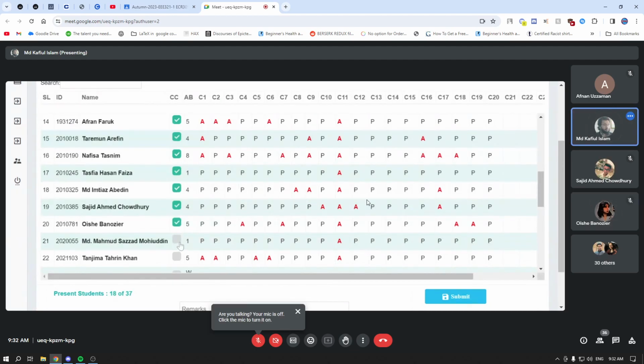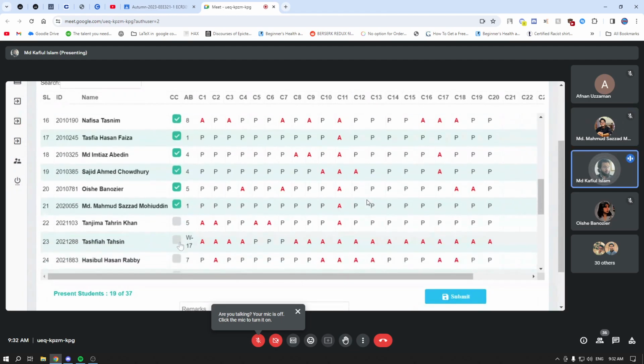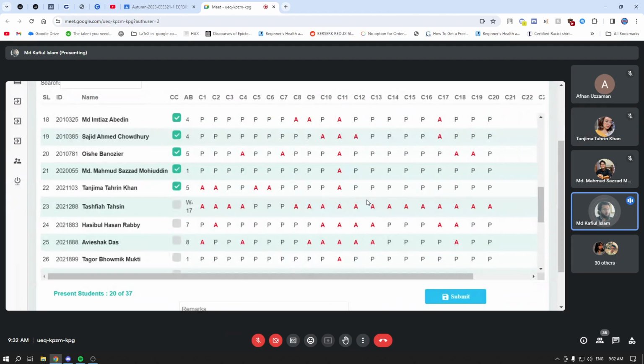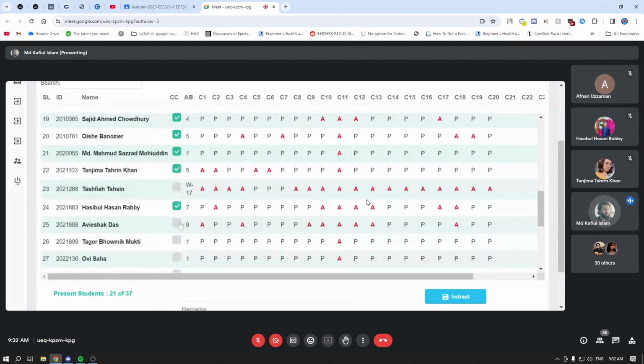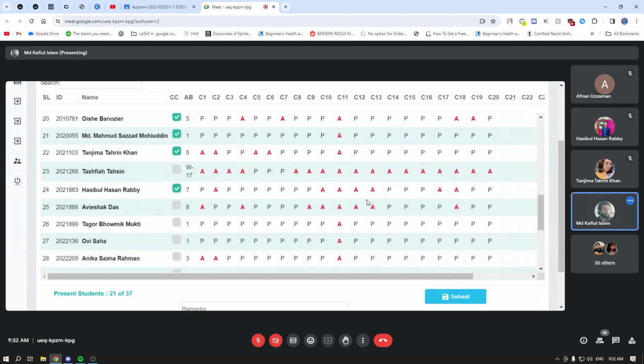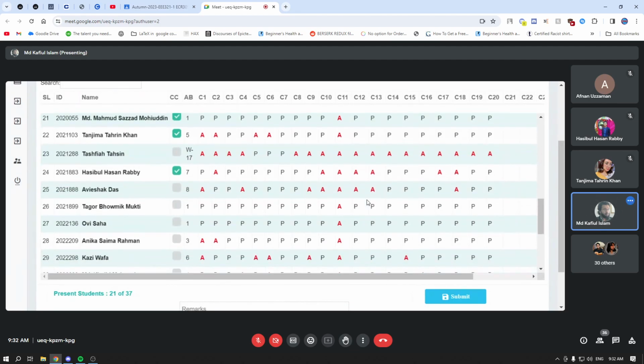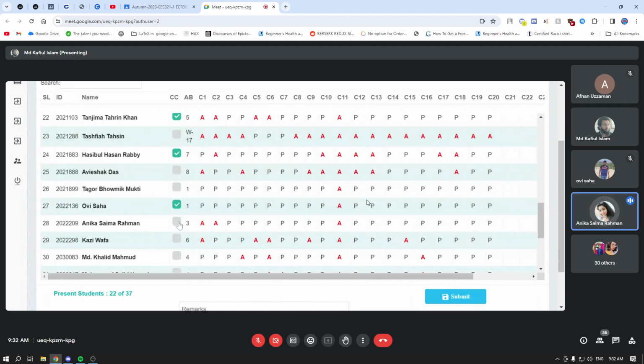Mahmud Sajjad, present, sir. Tanzima, present, sir. Hasibul Hassan, present, sir. Abhishek Dash, Mukti. Bobby Shah, yes, sir. Anika Saima, present, sir.